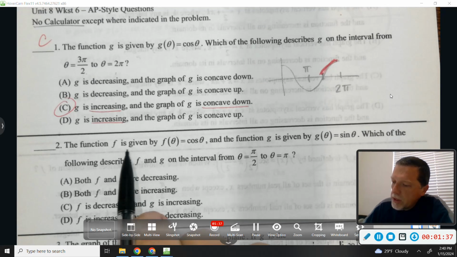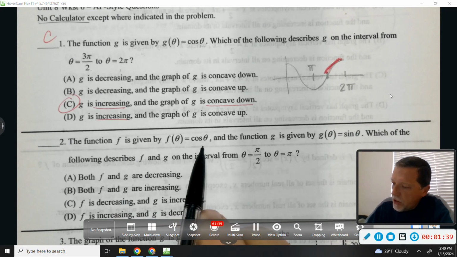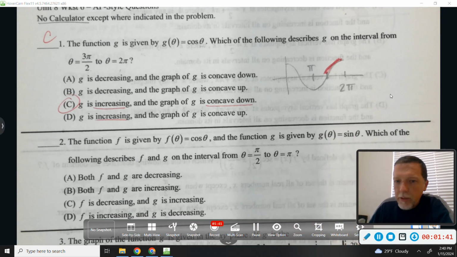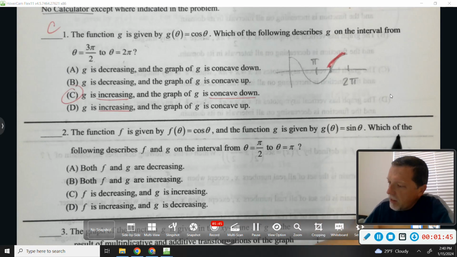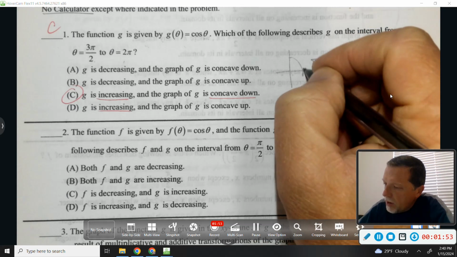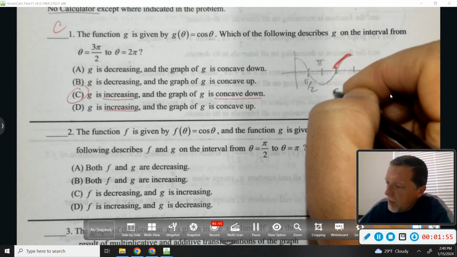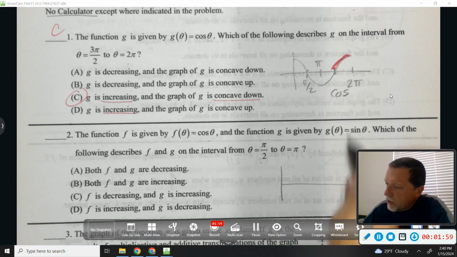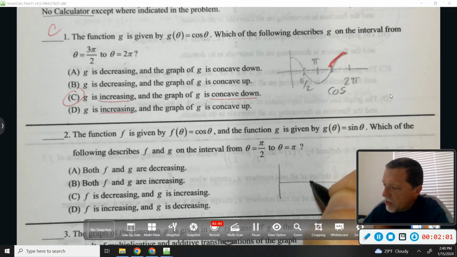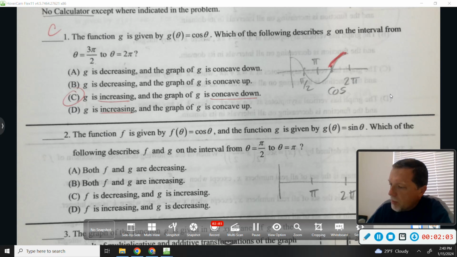Number 2, the function f is given by cosine theta again, so this same graph we were just looking at. And g is given by sine theta. Which of the following describes f and g on the interval from pi over 2 to pi? Okay, so pi over 2 to pi, and this one was cosine. Sine graph, try to graph it on roughly the same scale so they look kind of matched up.